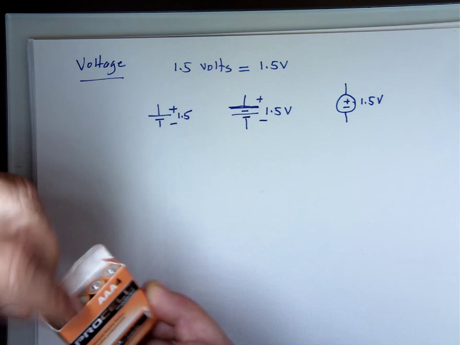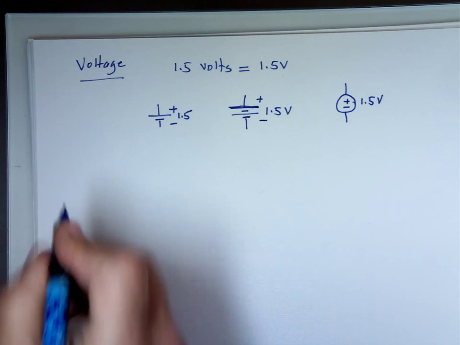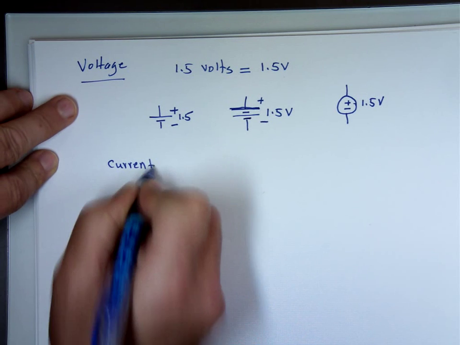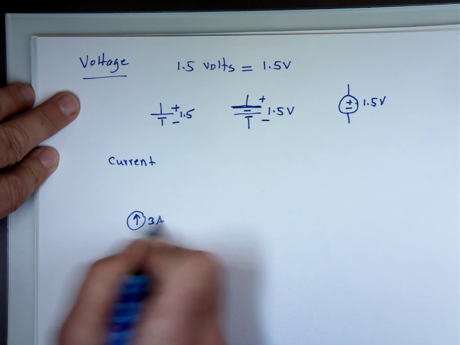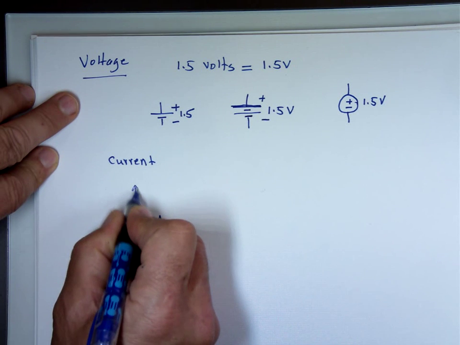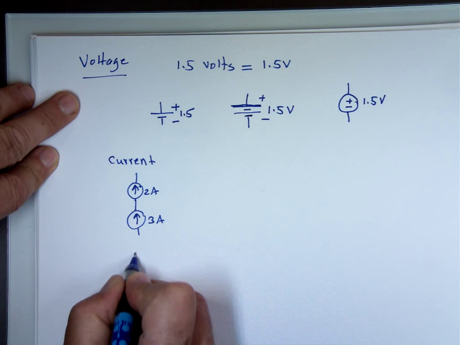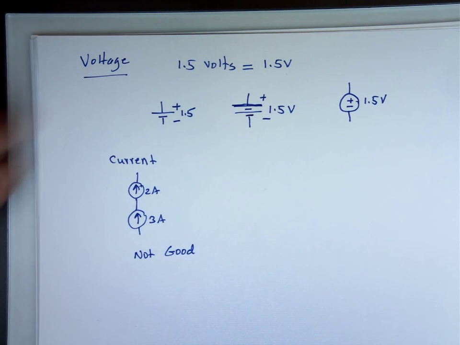Now, where voltage is different than current: with current, we said this is not good. If you take 3 amps and attach to it 2 amps here, not good. Can't be. This is not good.